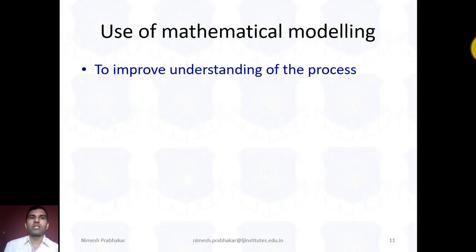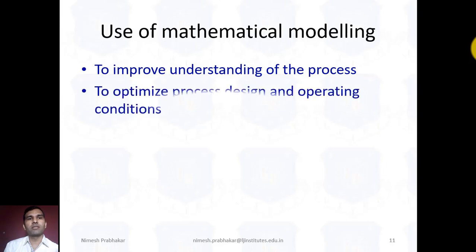So this is the first use of mathematical modeling. Now the second use is to optimize process design and operating condition. That means steady state model of process can be used to determine the most profitable operating condition.